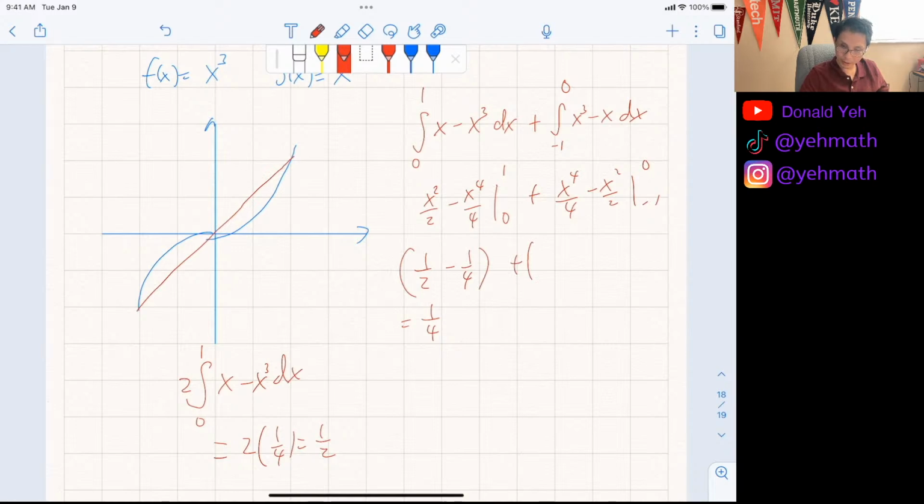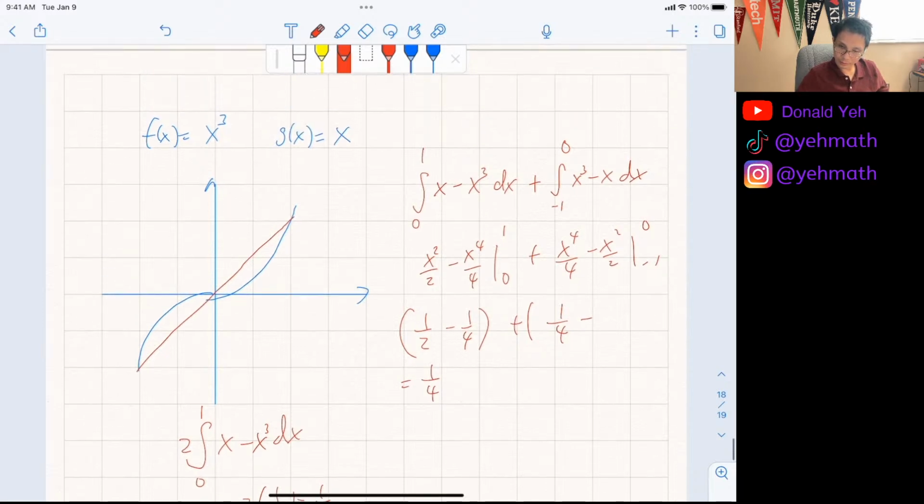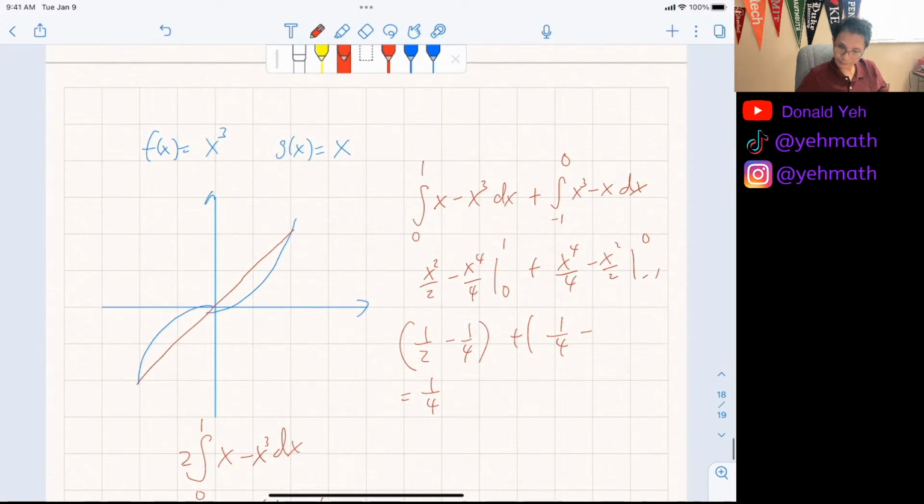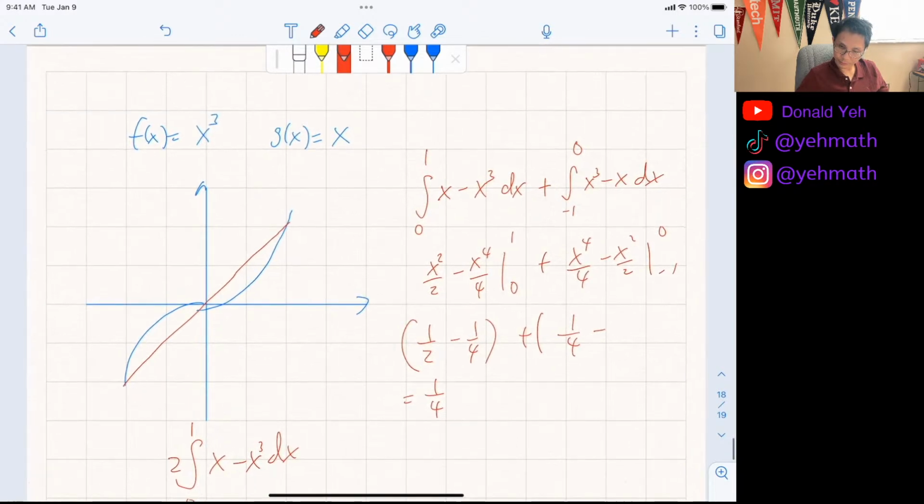So it'll be 0 minus 1 over 4 minus 1/2, so it'll be 1/4 plus 1/4. That's equal to 2/4, which is equal to 1/2. So I'm trying to record a video.